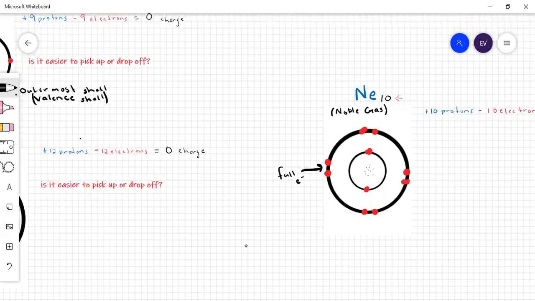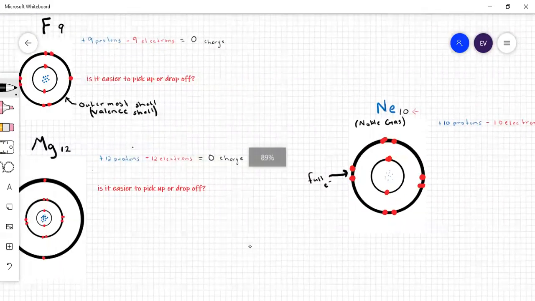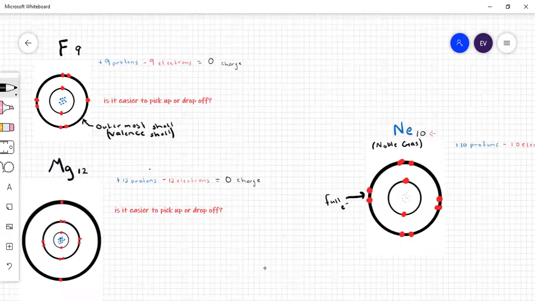Now, atoms in their ground state carry no charge. They're neutral. Now, in the quest for atoms to be like noble gases, what they're going to do is they're going to change the number of electrons, okay? And here's how you determine whether or not an atom is either going to pick up electrons or to drop them off.